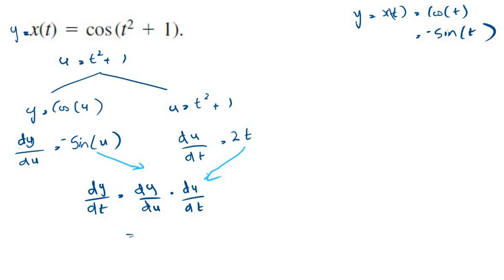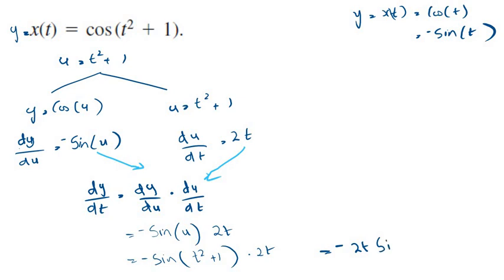This is equal to minus sine u times du over dt, which is 2t. And we'll substitute the u here. So we get minus sine of (t squared plus 1) multiplied by 2t. We could also bring the 2t forward. So we can write this as minus 2t sine(t squared plus 1).